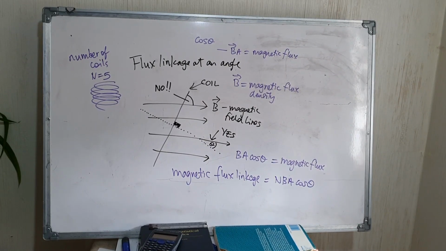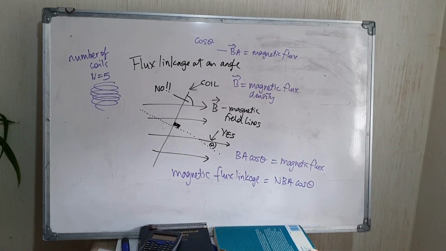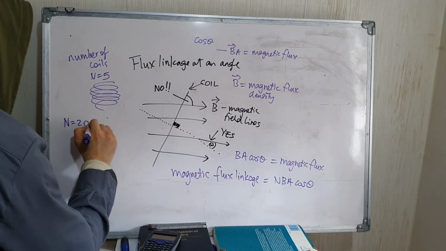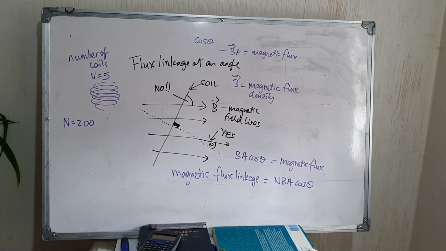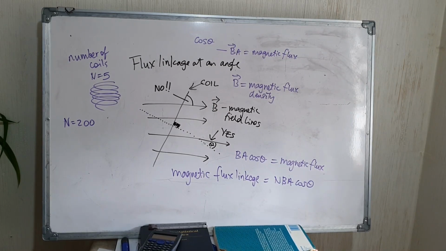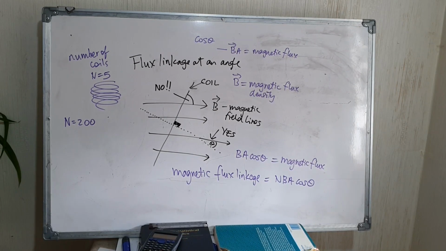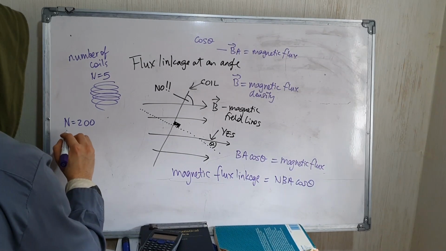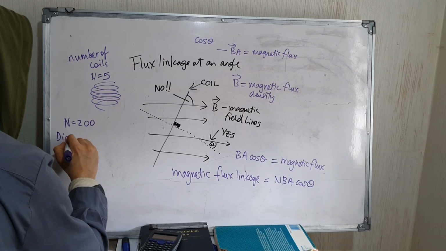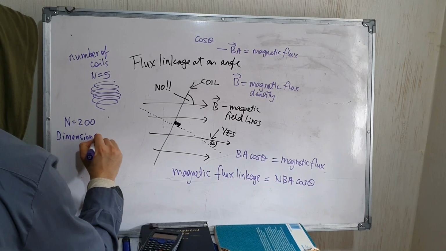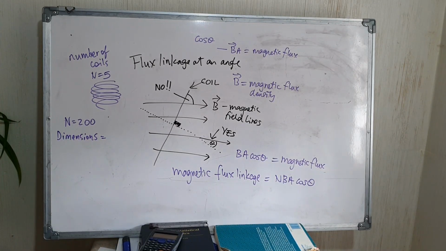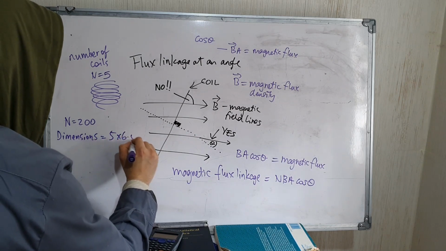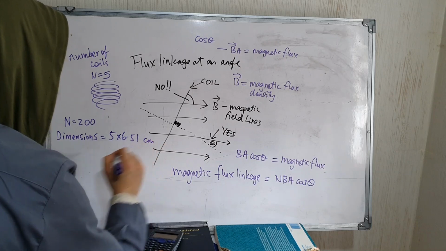All right, so let's try a mathematical exercise. What happens if N was equal to 200? So 200 coils, 200 turns, and this is a rectangular coil. So the dimensions are 5 times 6.51 centimeters.